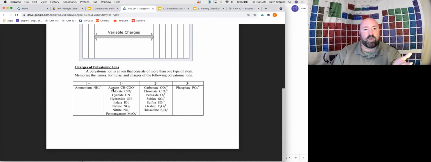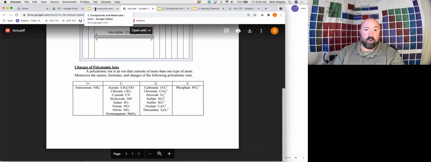That way you might get to a point later on when you say, oh, chlorate, I knew chlorate was a ClO3, but I don't remember what the charge was. And then you might literally see the card in your head and say, oh, that was one of my greens. My greens are -1. So color coding like that is just another dimension to flashcard study, which can be really beneficial, and I'd highly recommend it. But whatever works for you, these do have to be memorized as part of this course. You're going to need them.